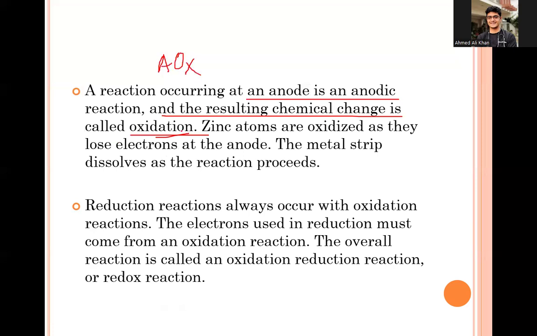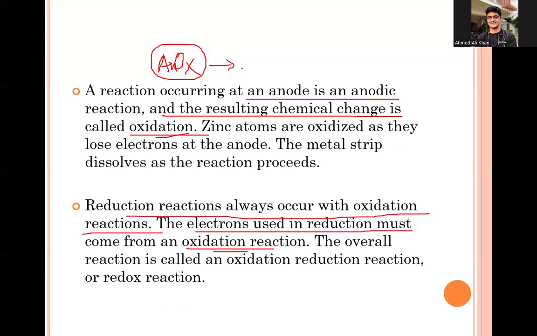You have to remember this anox. And the reduction reactions always occur with oxidation reactions, right? So the electrons used in the reduction must come from the oxidation reaction, as we talk about later. So if a compound is losing electrons at the anode, it must transfer those electrons to the opposite side, right?